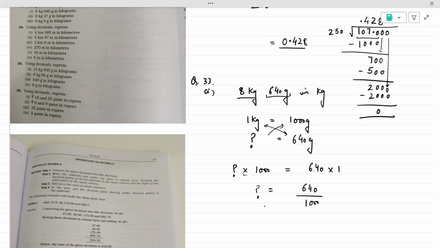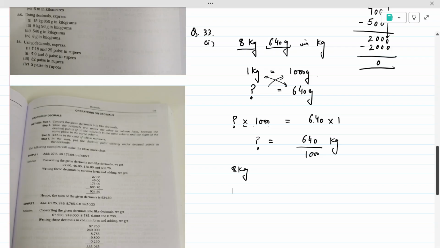Okay, so this question mark, that is the amount required, is 640 divided by 1000, and this time this will be in kgs because the one which we wanted was in kgs. So I can write now this as 8 kgs as is, and 640 grams as 640 divided by 1000 kgs.